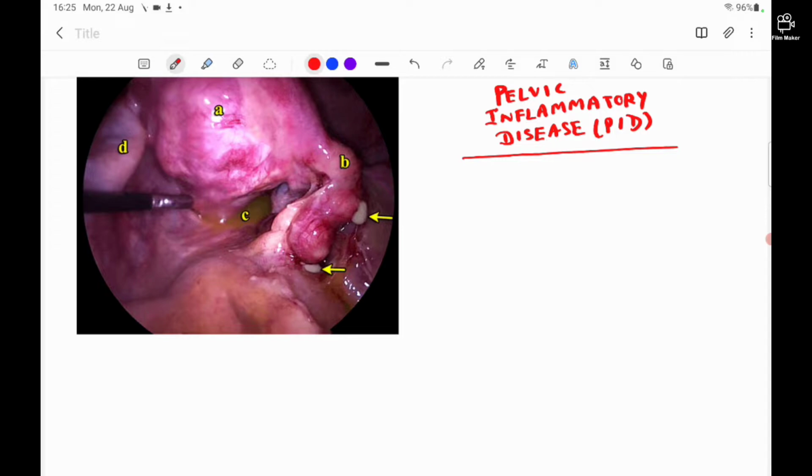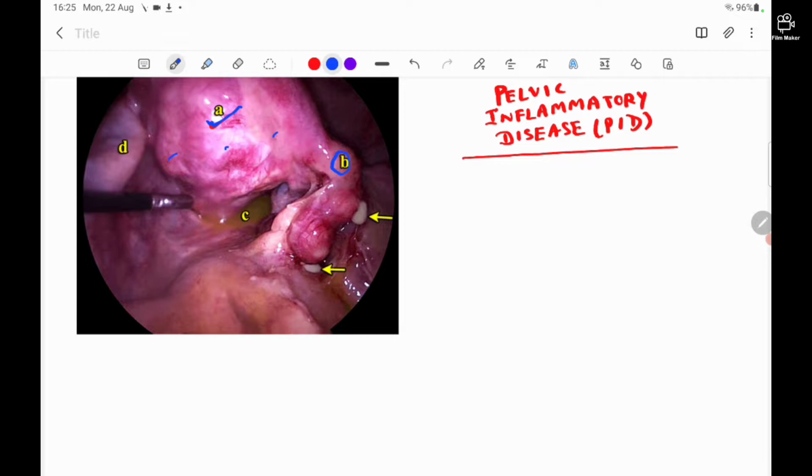You can see here there is endometritis. You see the inflammation on the uterus. The tubes are also very much inflamed, and no ovum at this stage can come from the ovary to the uterus through the tubes because they are so inflamed.